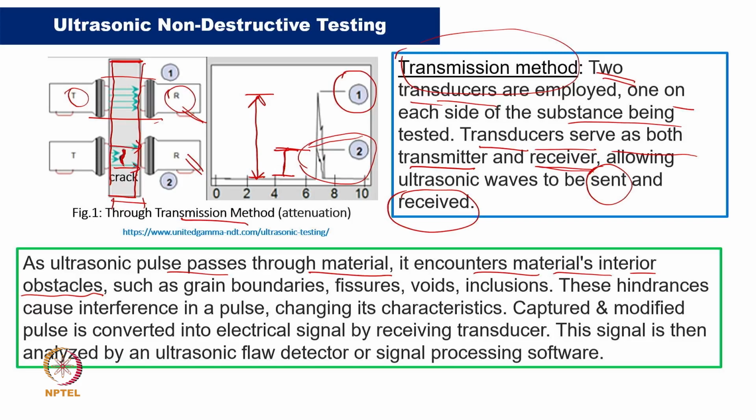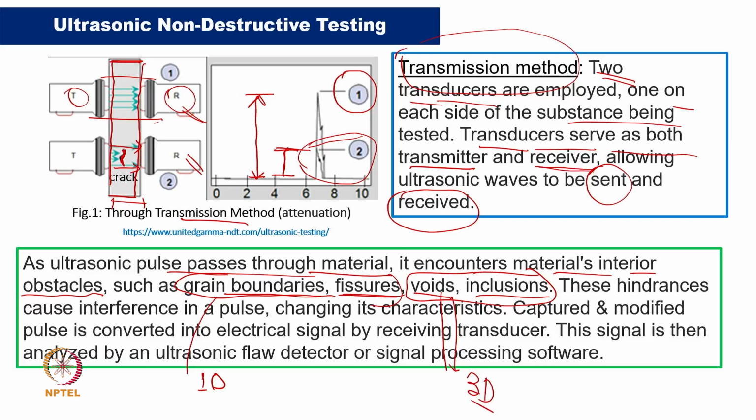So, the material obstacle can be a grain boundary, a crack or fissure, a void, or an inclusion. So, void and inclusion can be treated as 3D, and maybe the grain boundaries and fissure can be treated as 2D, something linear, in the sense that thickness is negligible. So, I am assuming this is a 1D, and then this is a kind of 3D. So, we can look at both 1D or 3D in this case.